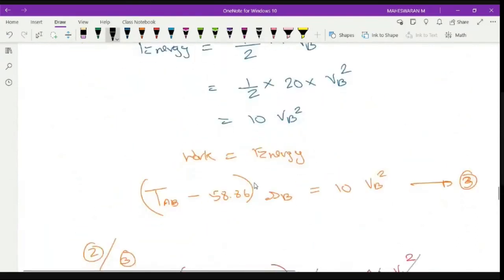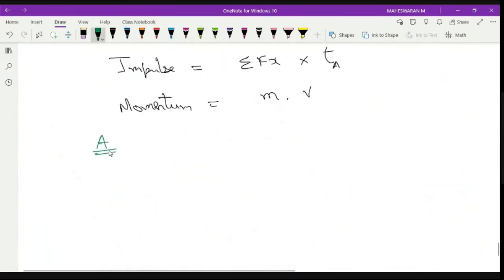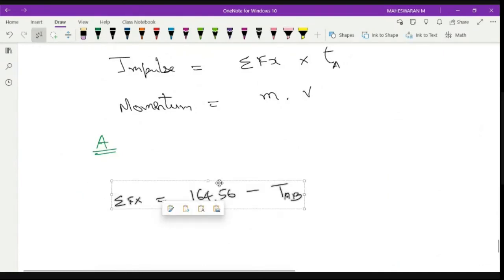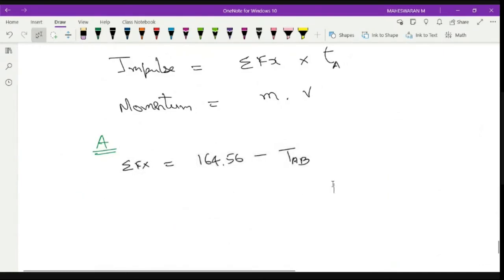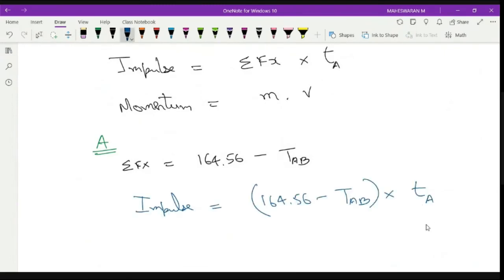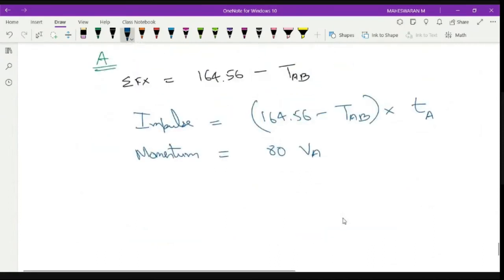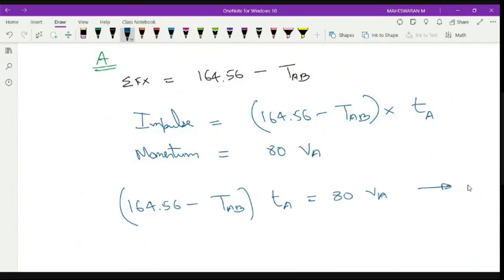So let me consider block A. So we know that your value is the same, sigma Fx equal to this. So I can identify what is impulse now. So the time with respect to block A, right? What is momentum? Mass is 80 into VA. I can equate impulse is equal to momentum. Let me consider this as equation 5. I don't know exactly. Let me consider 5.